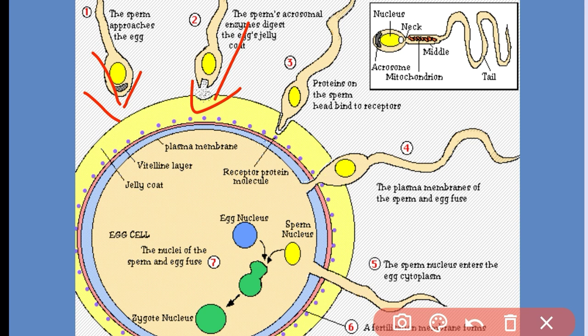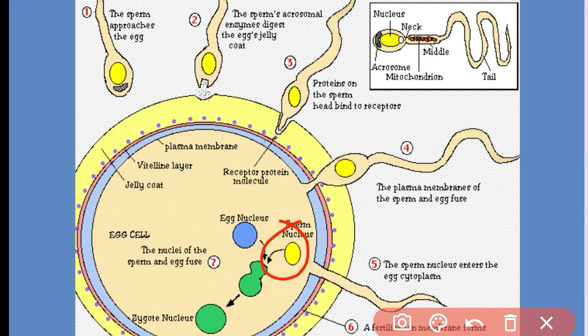Here is a receptor on an egg, known as a receptor protein molecule, to which the proteins on the head of the sperm get bound. In the fourth event, the plasma membrane of the sperm gets fused with the plasma membrane of the egg cell, and after fusing, the sperm releases the nucleus from the head into the cytoplasm of the egg cell.